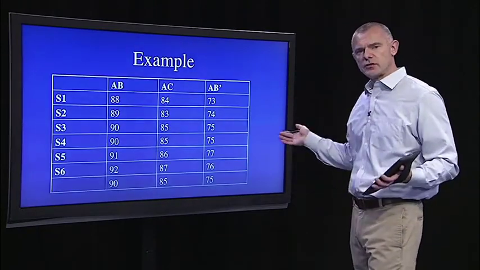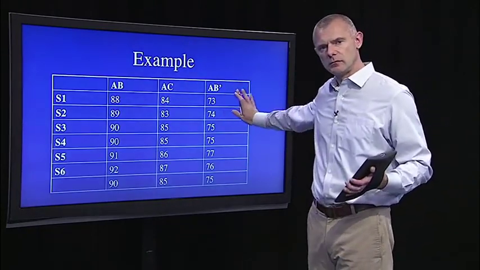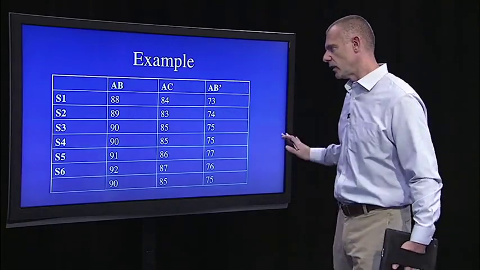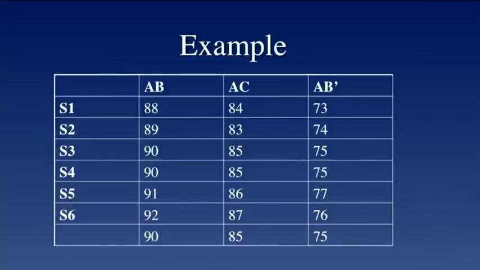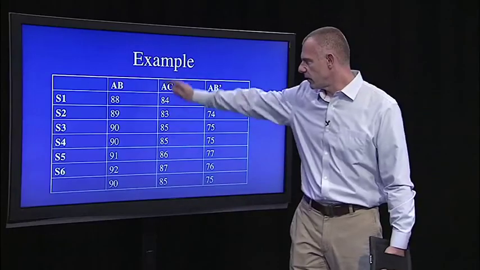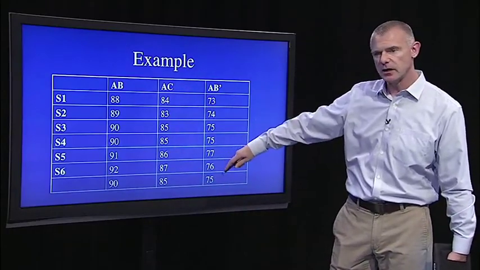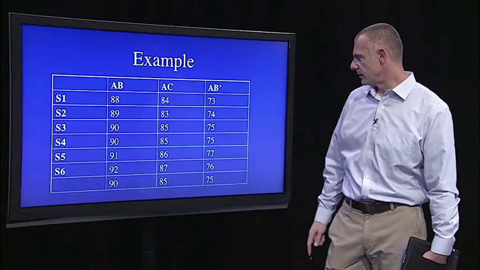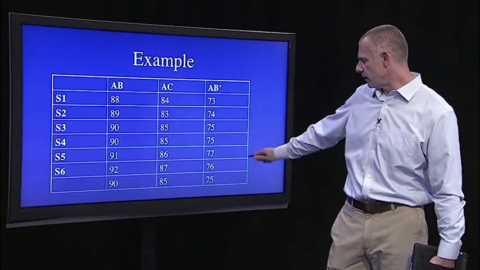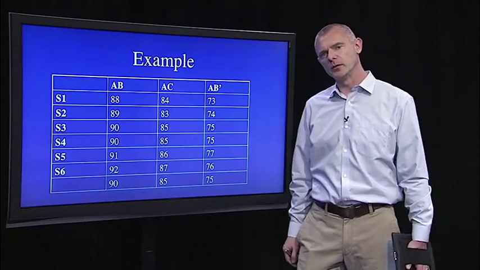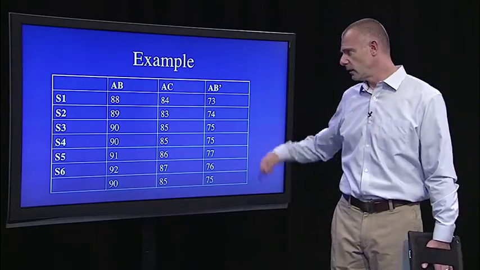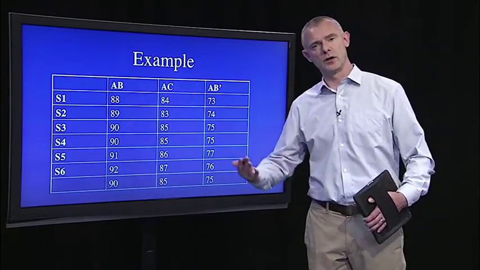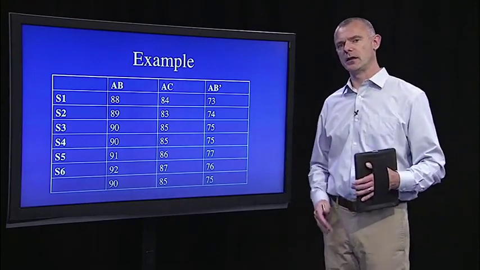So here's an example data structure. Again, I structured it this way just for ease of illustration. It would look a little different if we were doing this in R. So I've got my three conditions, AB, AC, AB. Every subject was exposed to every condition. And what you see is I've got pretty high accuracy in AB, pretty high accuracy in AC, and then it drops down to about 75% in the second attempt to recall B after learning the AC pairs.